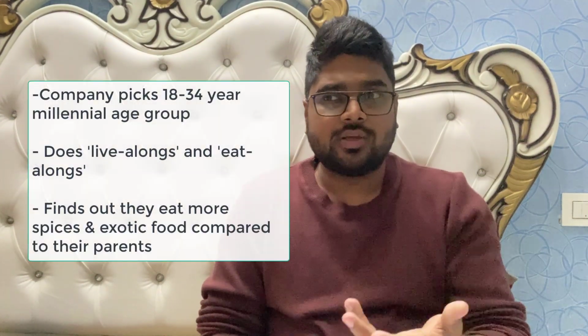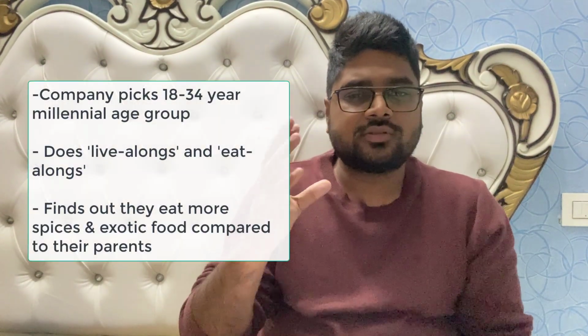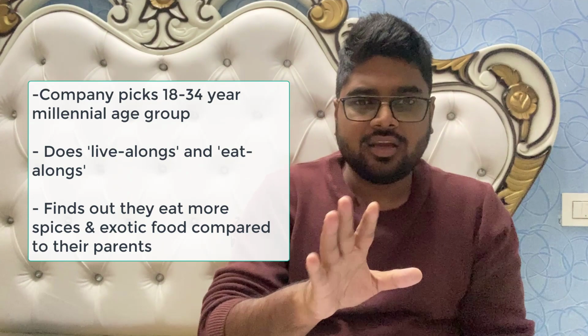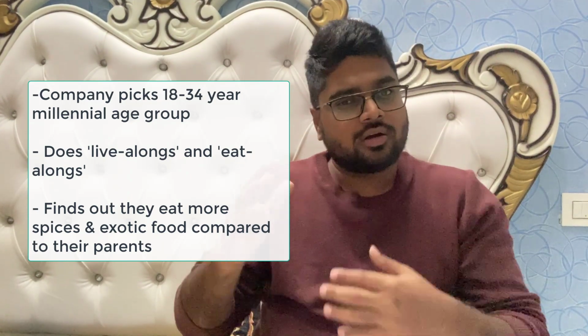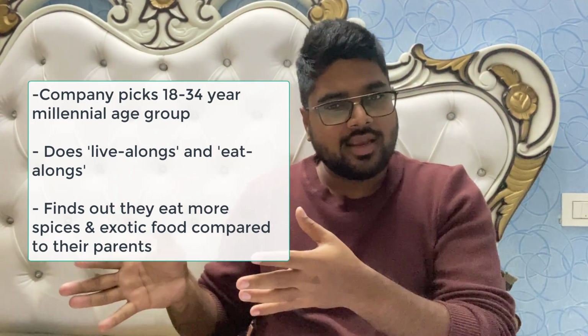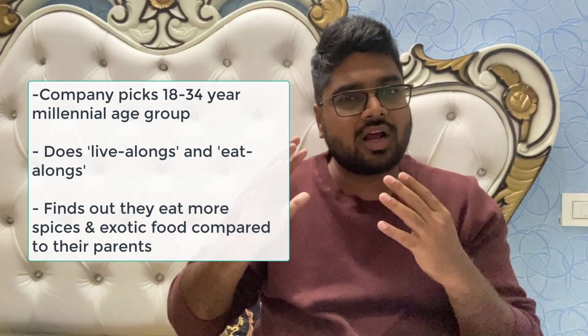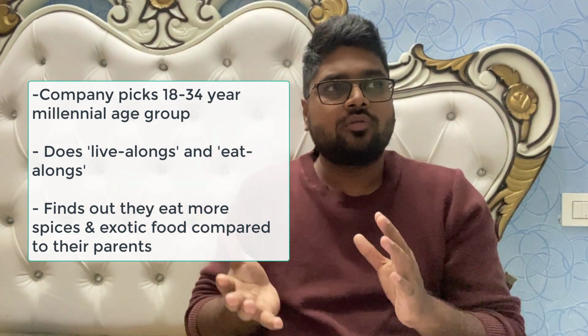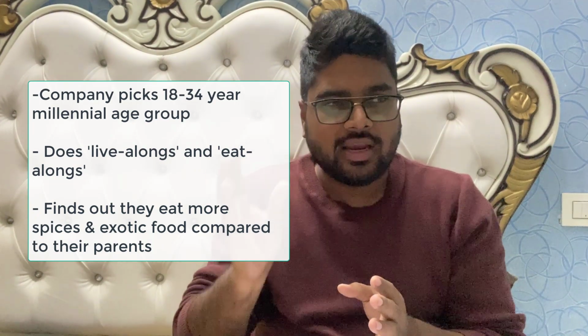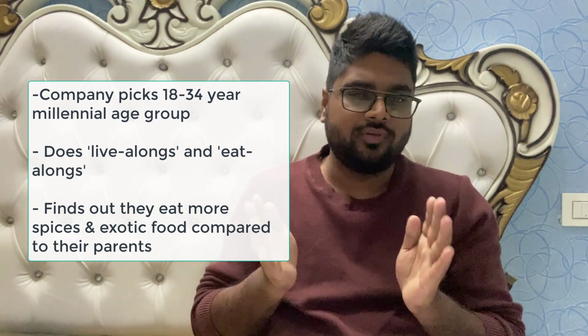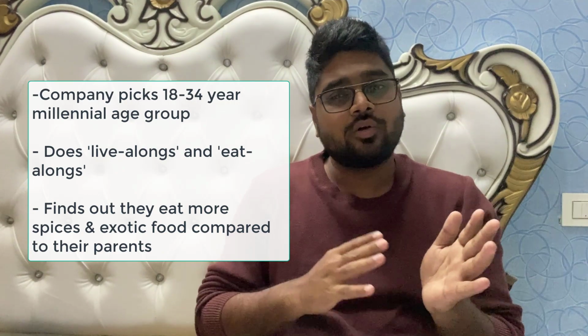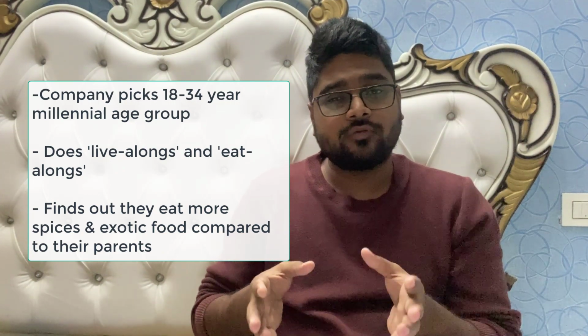What the company saw, especially in the USA, was that they needed to segment their customers very effectively. The people who were earlier buying their products were old now, and the next generation had come up. They realized that people from 18 to 34 years of age in the US constituted around 25% of the country's population.